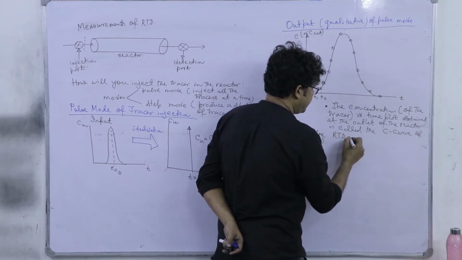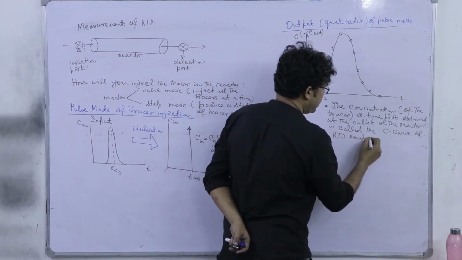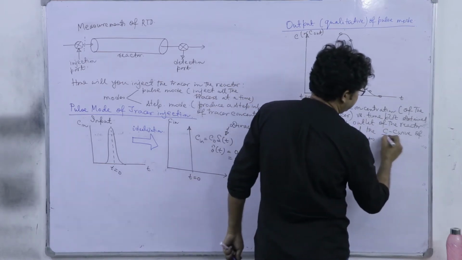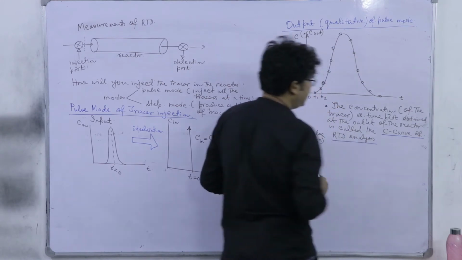Remember this name. So, this is called the C curve of RTD analysis, typically the concentration curve of RTD analysis.